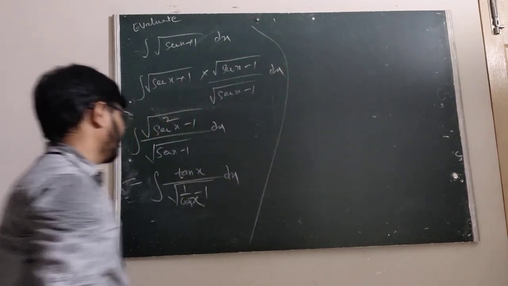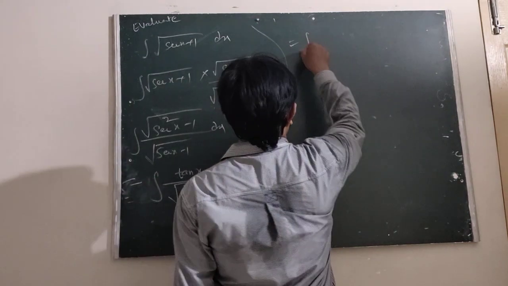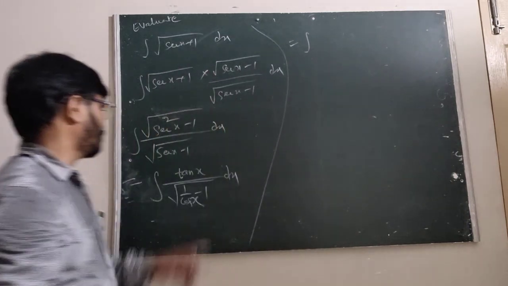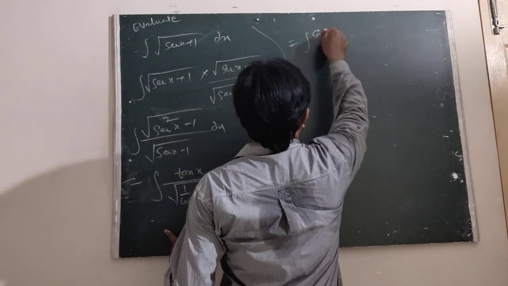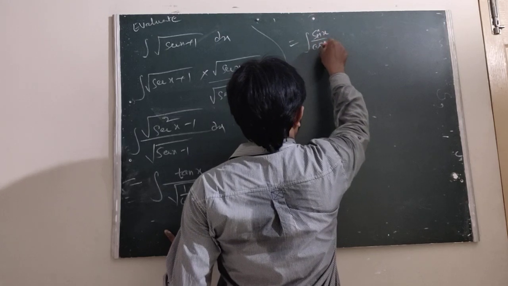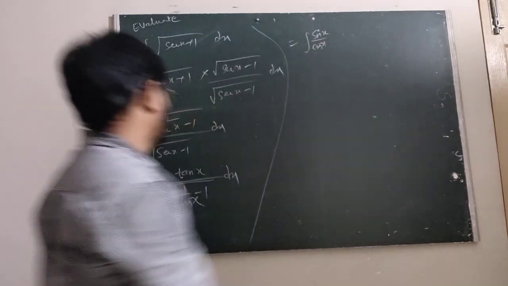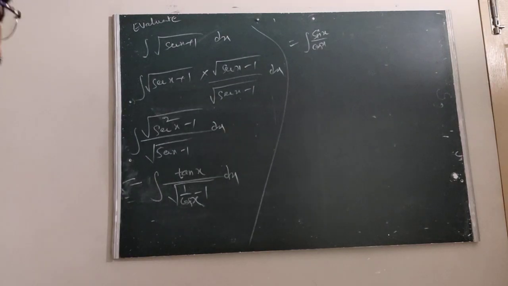Now tan x is of the form sin x by cos x.